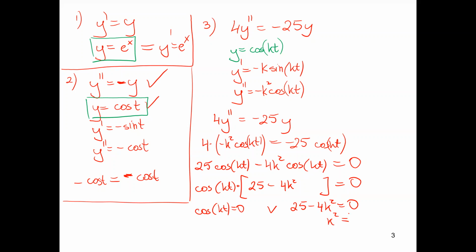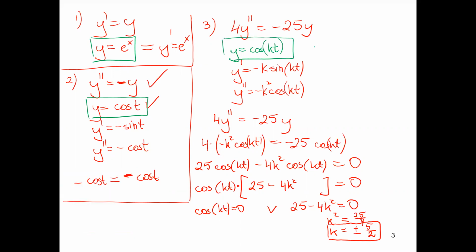Then solving this for k will give us k squared equals 25 over 4. Taking the square root, we have positive or negative 5 over 2. And if k is positive or negative 5 over 2, the function cosine of kt will satisfy this differential equation.